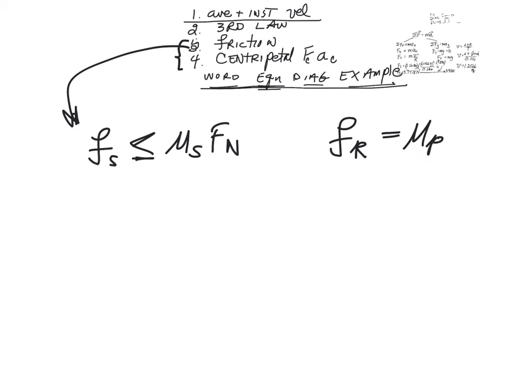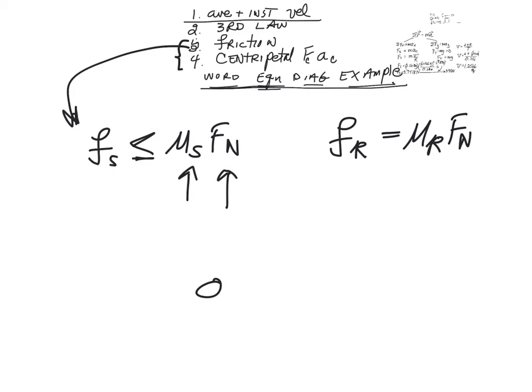And you might try explaining why one is equal and one is less than or equal. I talked about that. So you start with this and you point out that the force of friction depends on two things: the coefficient, which is kind of the stickiness of the surfaces, and the normal force, which is how hard the surfaces are pushed together.